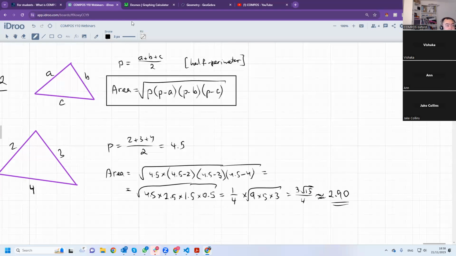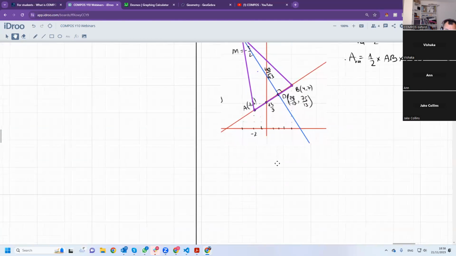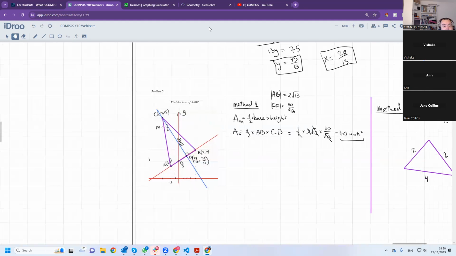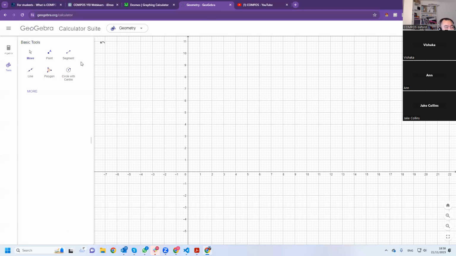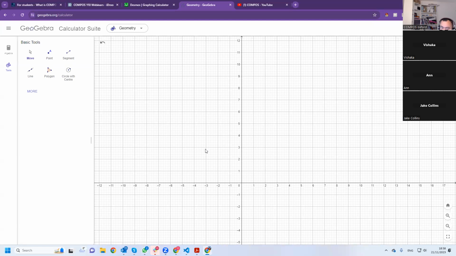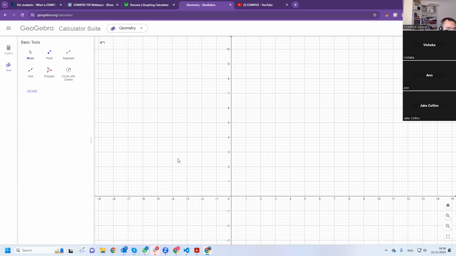Okay. Now let's confirm. Let's draw this whole thing using GeoGebra. You're welcome to use GeoGebra to check your answers, but not to solve it. You can use it to help you, but you can't base your solution on GeoGebra.